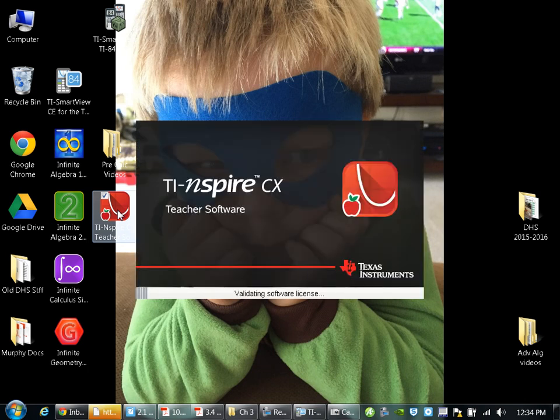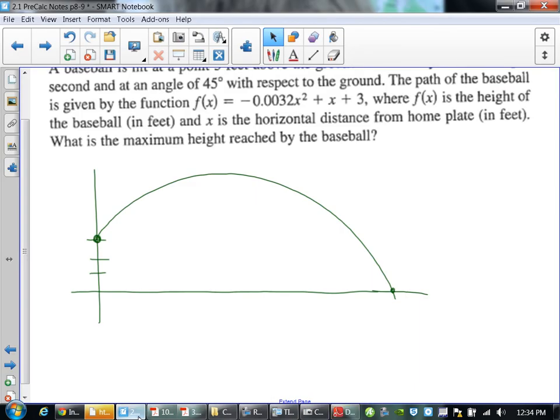I'll pull the equation back up, just get this thing started up. The equation is negative 0.0032x squared plus x plus 3.